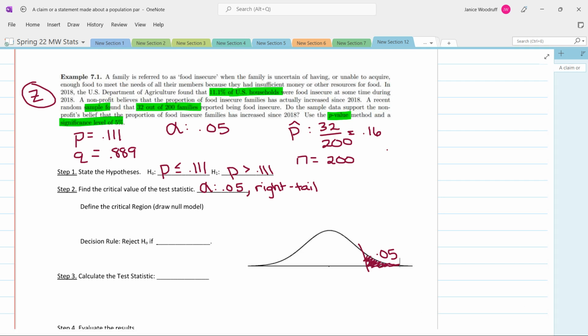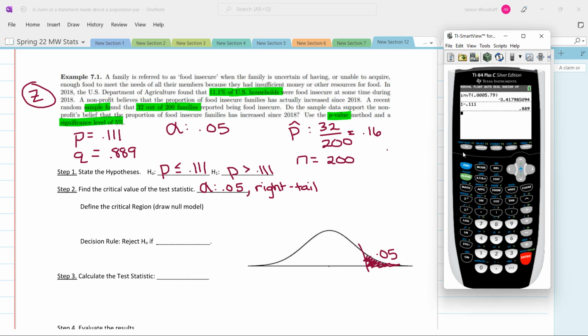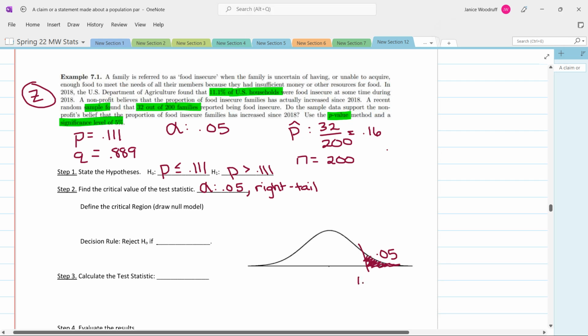If I go to my calculator, second distribution, inverse norm, so number 3. Area, we'll try 0.05. Mean and standard deviation, 0 and 1. We get negative 1.645. It's on the right side of 0, though, so we're going to make it a positive 1.645.